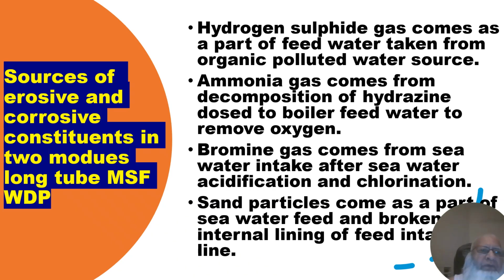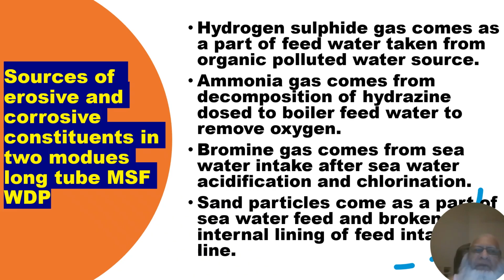Sources of erosive and corrosive constituents in two modules, long tube MSF WTP. This is a continuation of the previous slide. Hydrogen sulfide gas comes as a part of feedwater taken from an organic polluted water source.